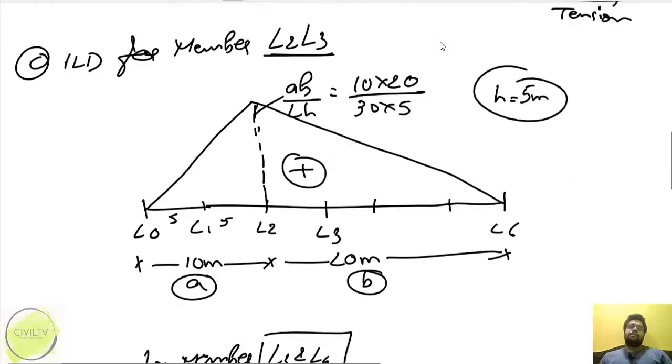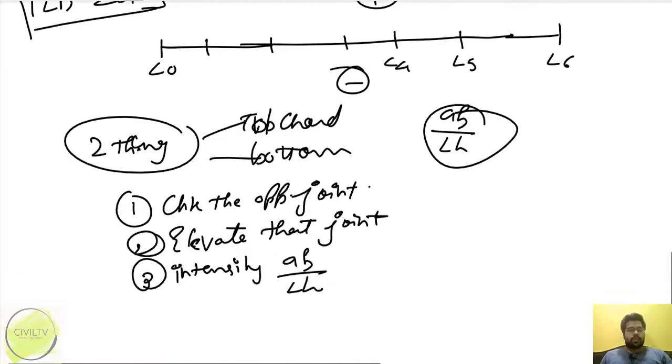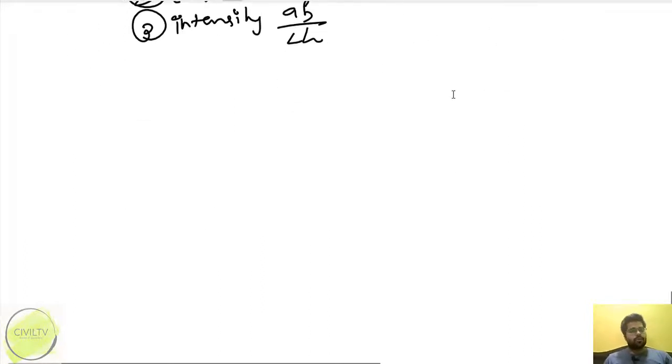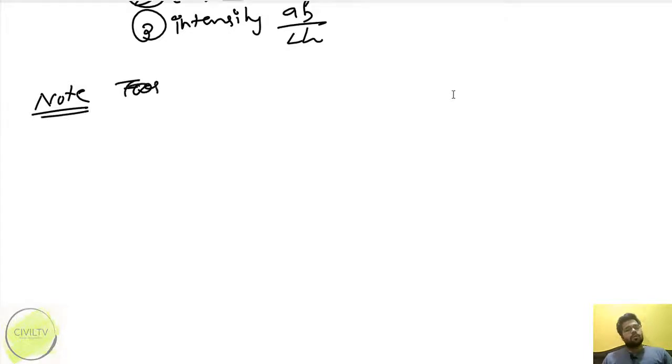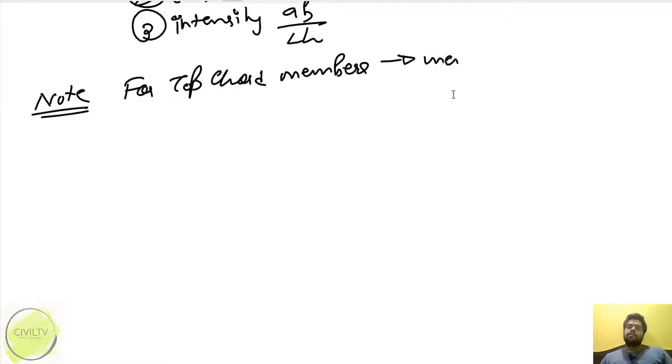Similarly, in bottom chord members, just note one thing here. Just understand this, it's very important. For top chord members, the members are in compression, that is negative.